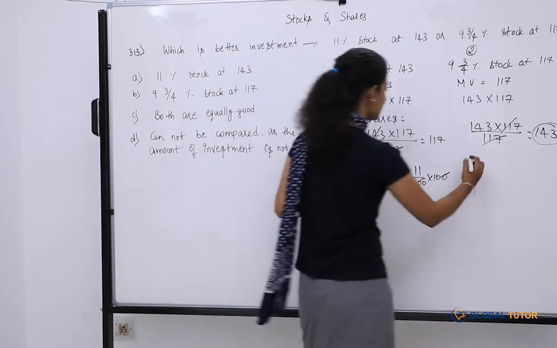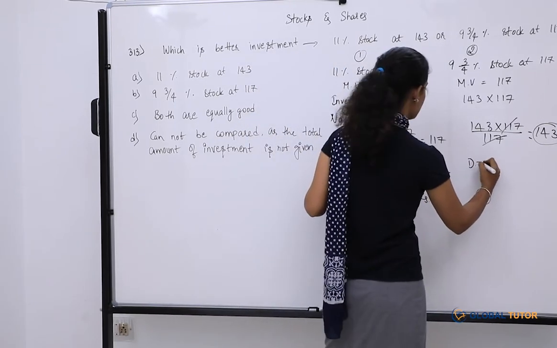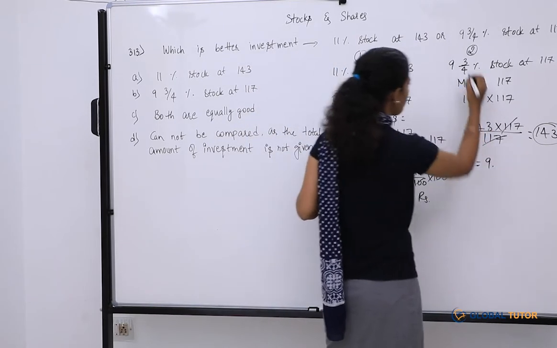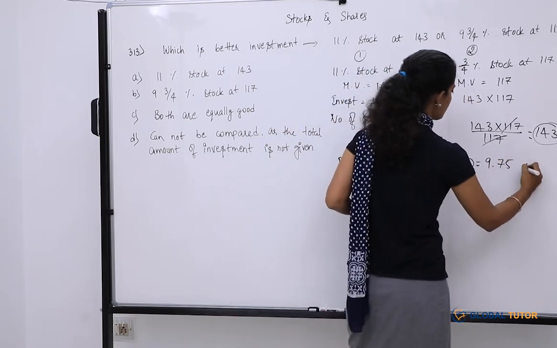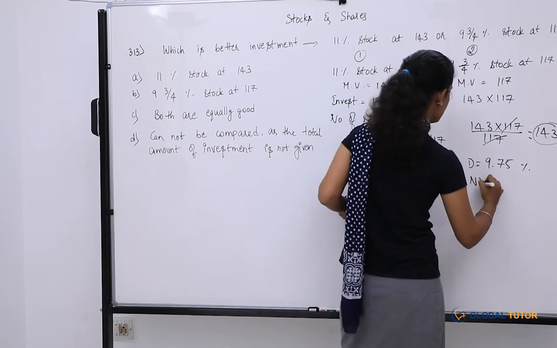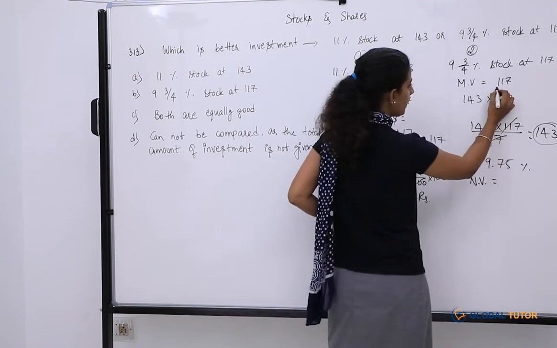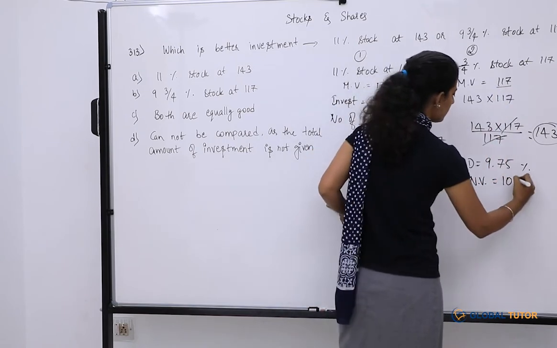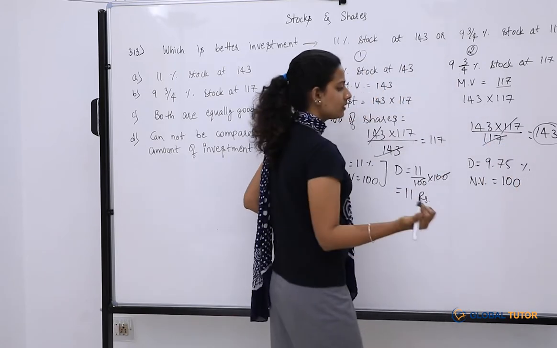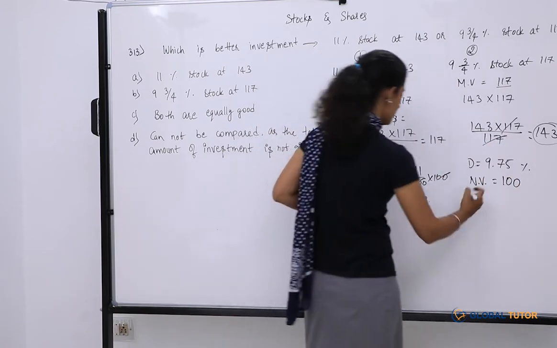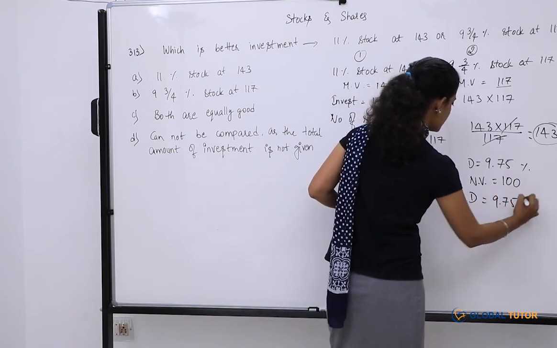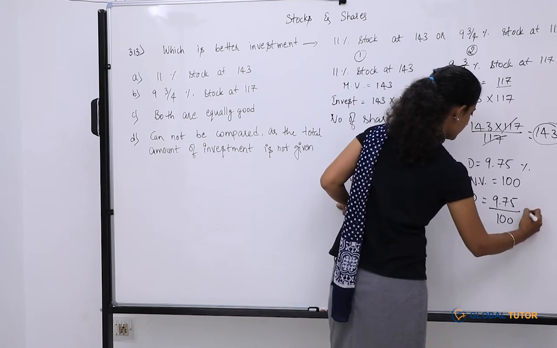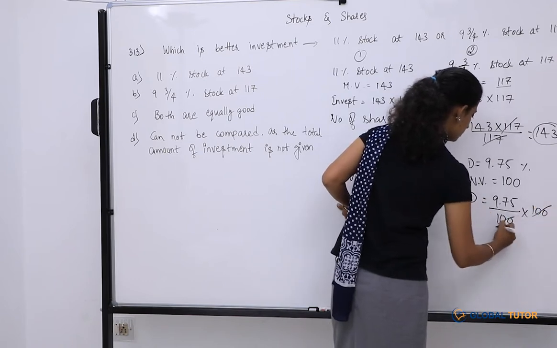In this case, dividend is 9 3 by 4% is 9.75. So, nominal value will be, if the market value is 117, nominal value will be 100. So, dividend is equal to 9.75 divided by 100 into 100. So, that is 9.75.